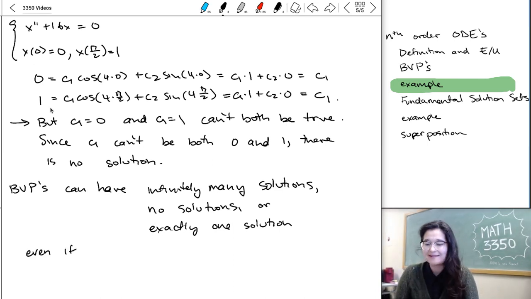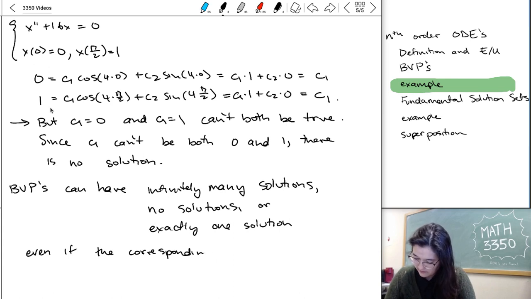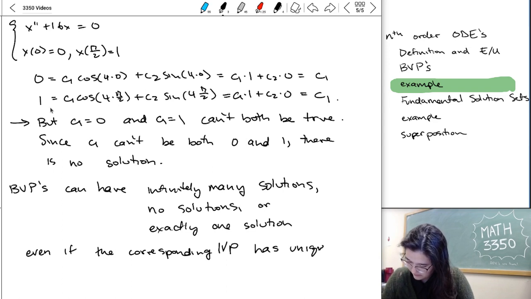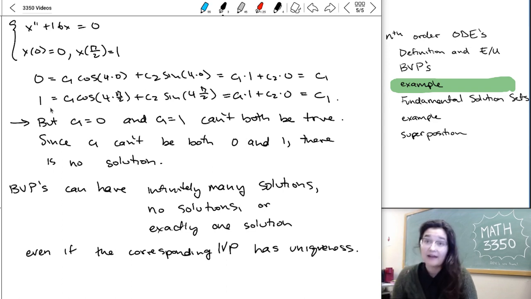And what's interesting is that's true even if the corresponding initial value problem had uniqueness.